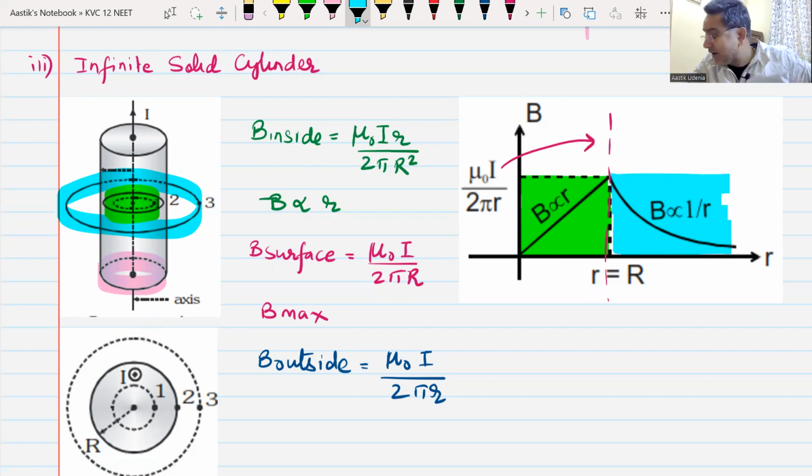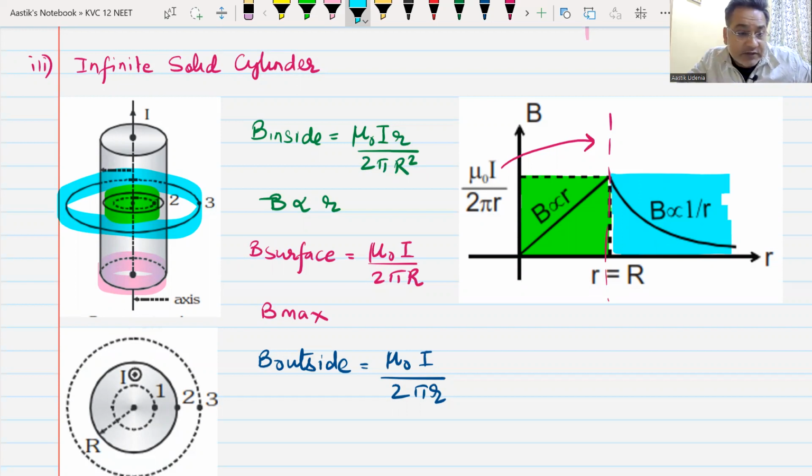Now, different cases, I will put them together. We have seen the two cases. One more case is left where we have a thick shell. So I'm putting all those in one thing here.